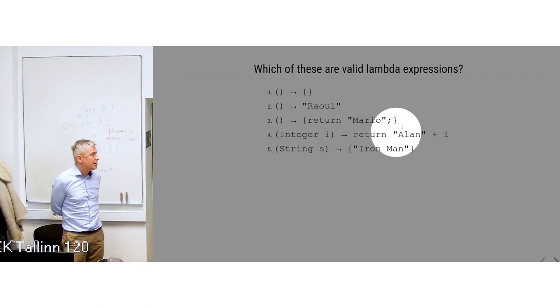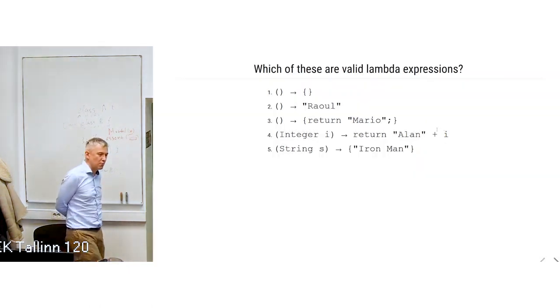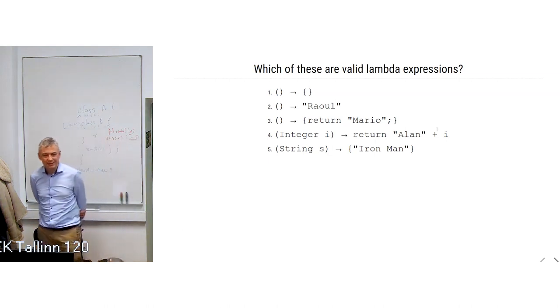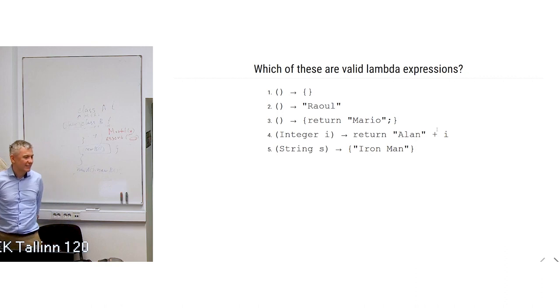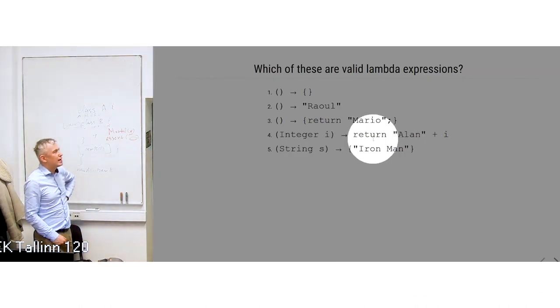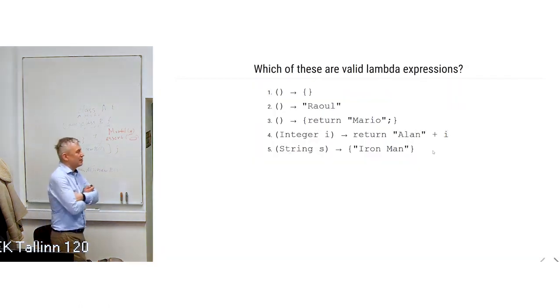We can concatenate string and integer, so the integer will be converted to string, so no problem so far. So is it valid or not? Looks like yes. But actually not, because we are using return, and since we are using return, we must use curly braces and the semicolon.